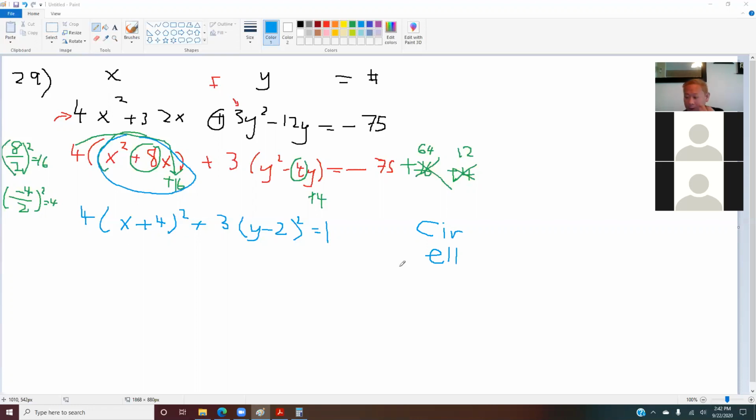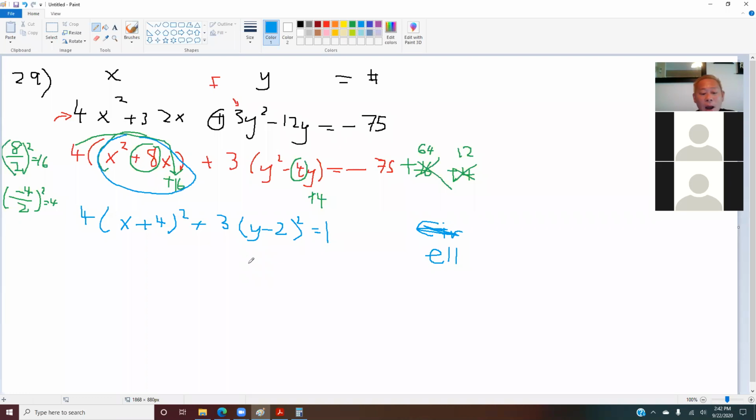So is this a circle or is this an ellipse? Okay, this is an ellipse.